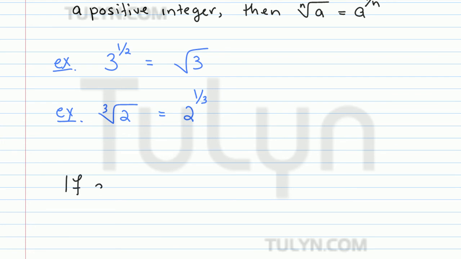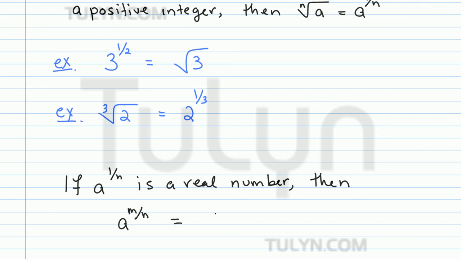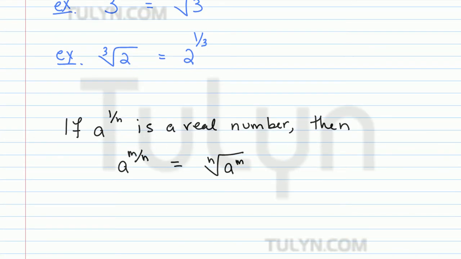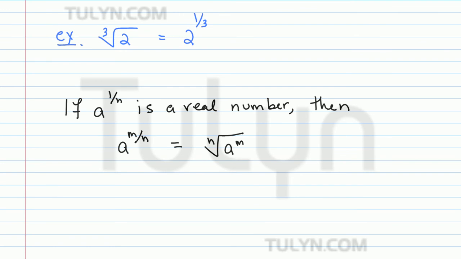So if a to the 1 over n is a real number, then a to the m over n can be written as the nth root of a to the m.